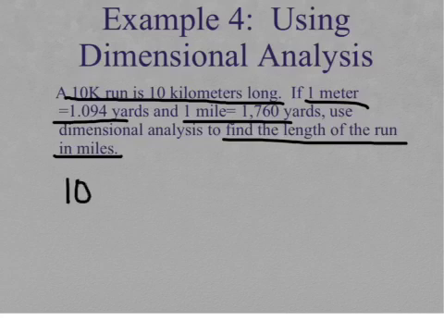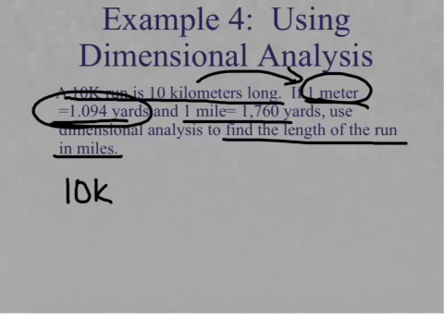So we'll start off with 10 kilometers. And what we want to do is see if maybe we can turn our kilometers into meters, because meters and kilometers are obviously related. And once we get it in terms of meters, we can get them into yards. So to do that, I need to find out what the unit relationship is between kilometers and meters. Since I want to turn this into meters, I know my meters will go up at the top and my kilometers will go at the bottom.